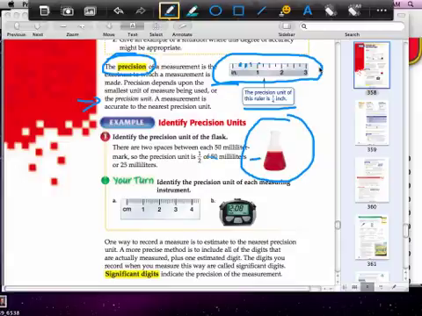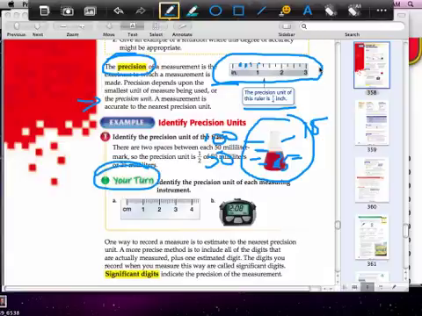Let's say that there's a 50, and then there's 100, but in between there's another mark, is what they're trying to tell you should be there. So this would be 25, and this one here would be 75. So our precision unit on that goes by 25.